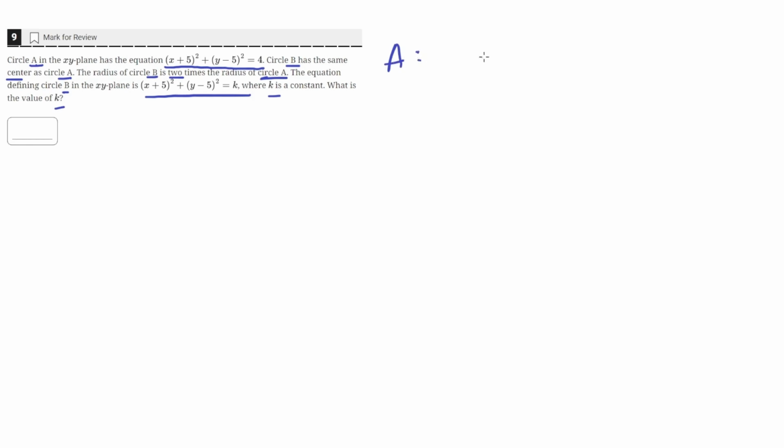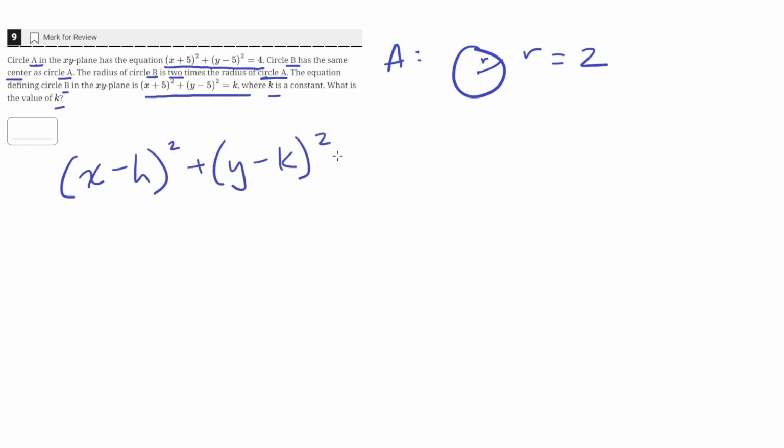So circle A is a circle in the xy plane whose radius is equal to 2, because the equation for a circle is x minus h whole squared plus y minus k whole squared equals r squared, where r is the radius. So here 4 is equal to 2 squared, so this is like r squared. So here the radius is 2. The radius is not 4. And then circle B is a circle with the same center. Here, let me draw a better circle.